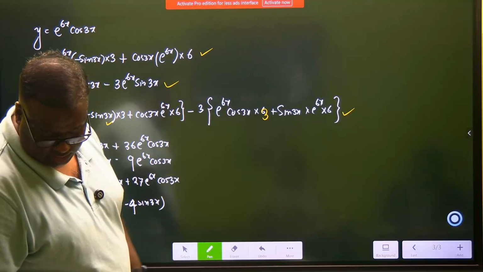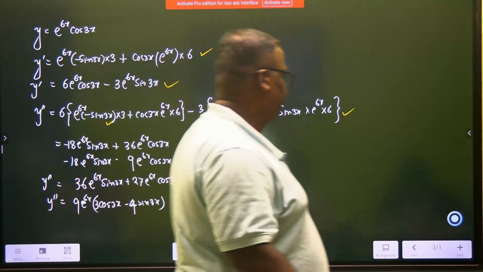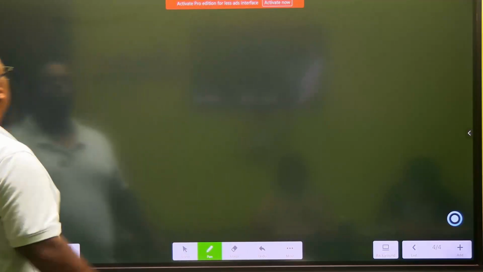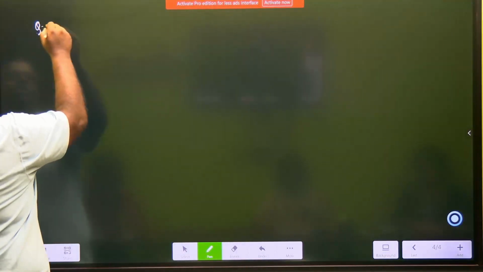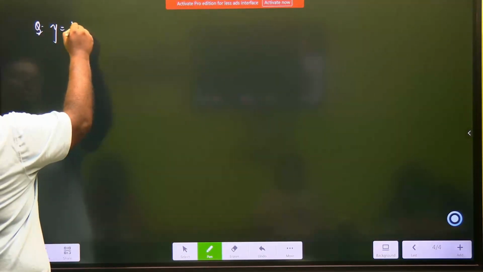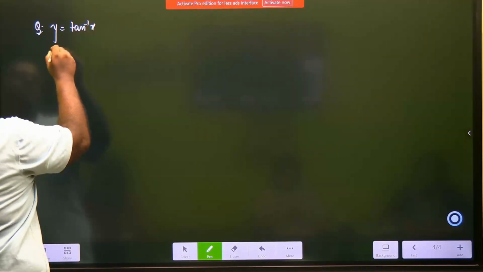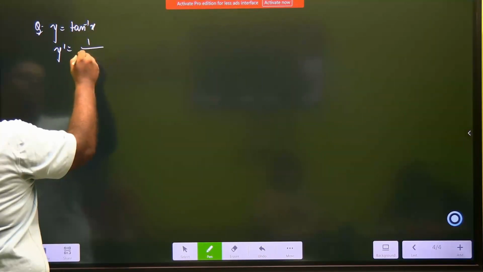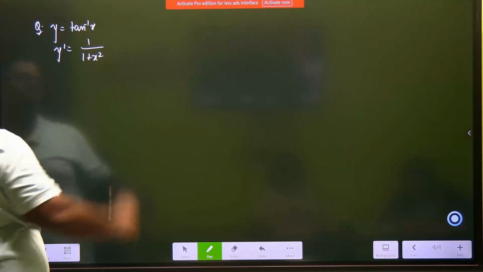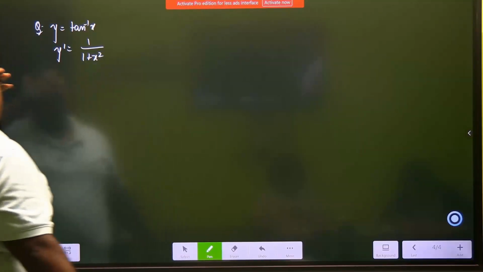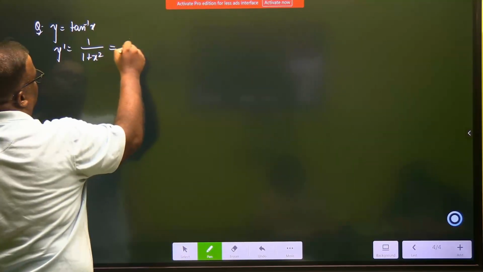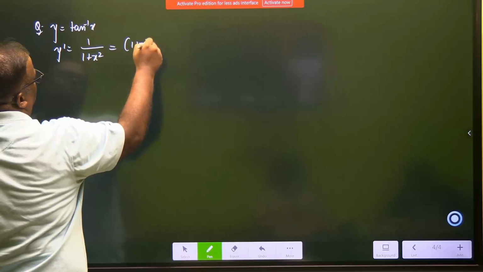Next one. Tan inverse x. y equal to tan inverse x. So y prime is equal to 1 by 1 plus x square. Perfect. 1 by 1 plus x square can be written as 1 plus x square to the power minus 1.